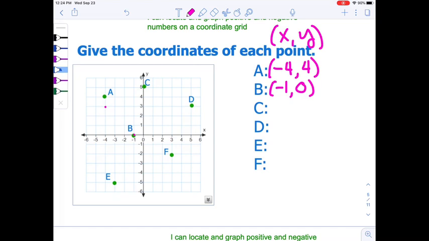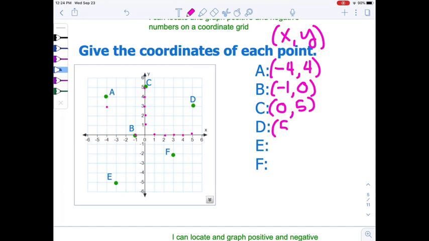Letter C, well, we don't have to go left or right, which means our x value is 0, but we do have to go up 1, 2, 3, 4, 5. So we write that as (0, 5). Letter D, we have to go to the right 1, 2, 3, 4, 5, so that's +5 for our x, and up 1, 2, 3, which is +3 since we went up. Letter E, we go to the left 1, 2, 3, so it'd be -3.